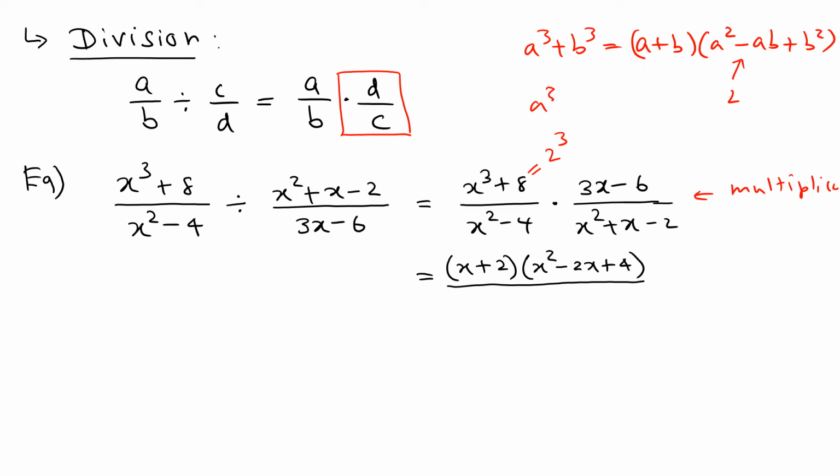If you have a cubed minus b cubed, this is a minus b, and then times a squared plus ab plus b squared. That's what we use for the first term, the second term here. Now for the bottom, there's a difference of squares that we know, x minus 2, x plus 2, and do the same thing with the other terms.